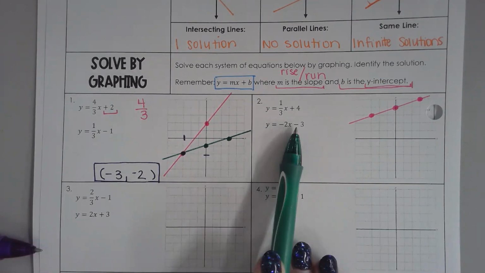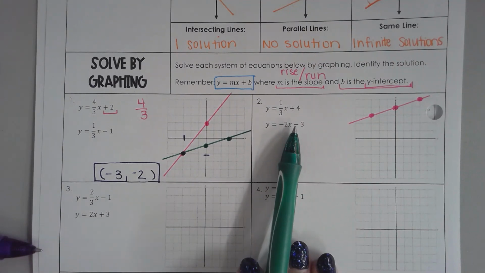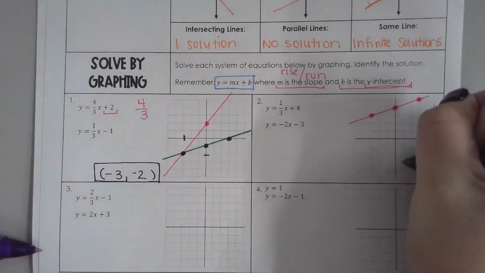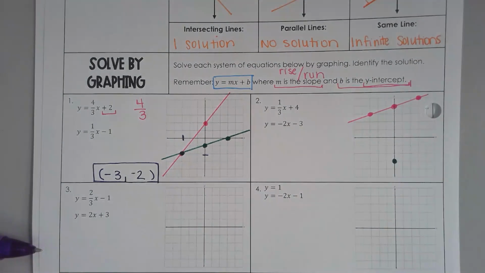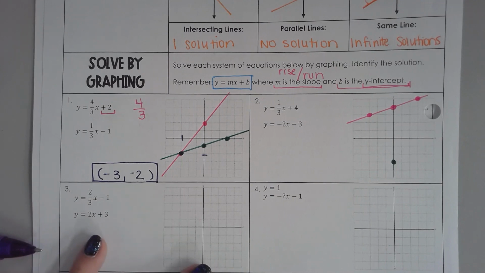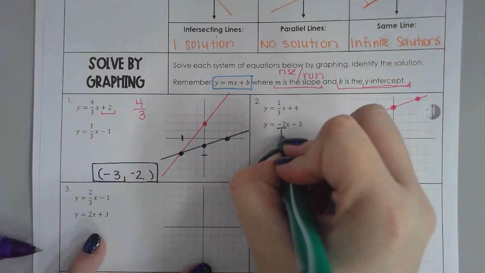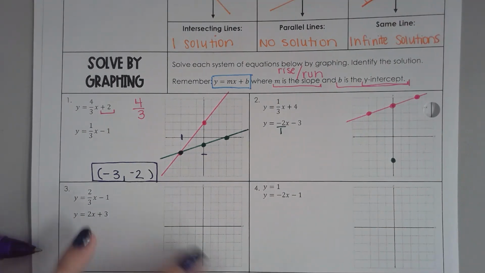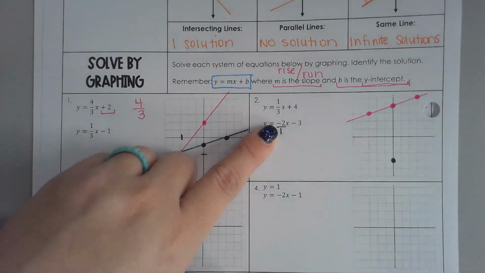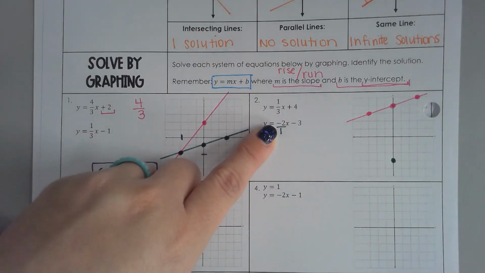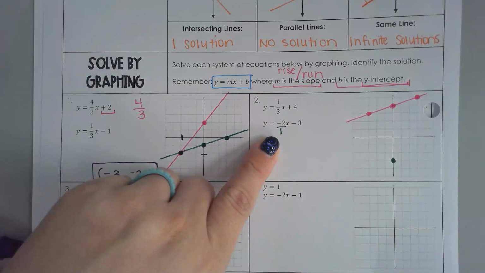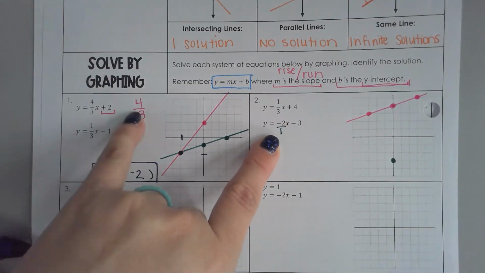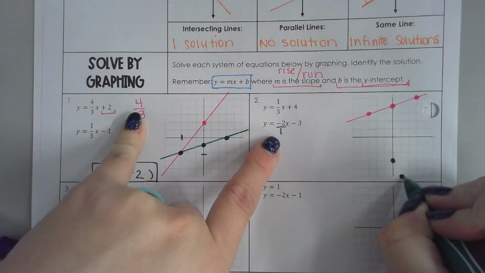The second line is y equals -2x minus 3. What is my y-intercept? And Ethan, what is my slope? Good. So if you have a number that's not a fraction, you can put a 1 underneath of that. And so this tells me that I'm going to count down 2, the 1 is positive, so down 2 and right 1.